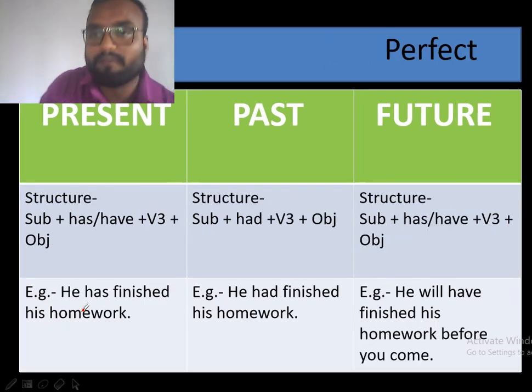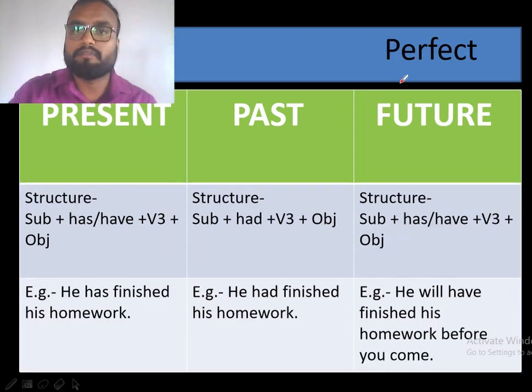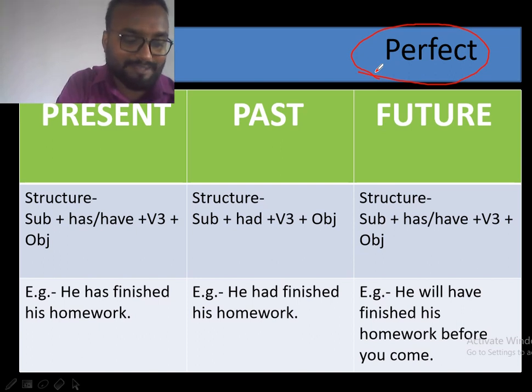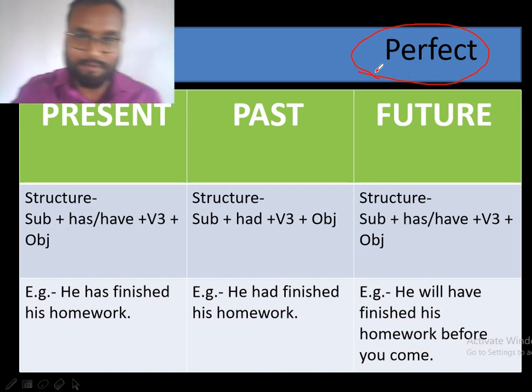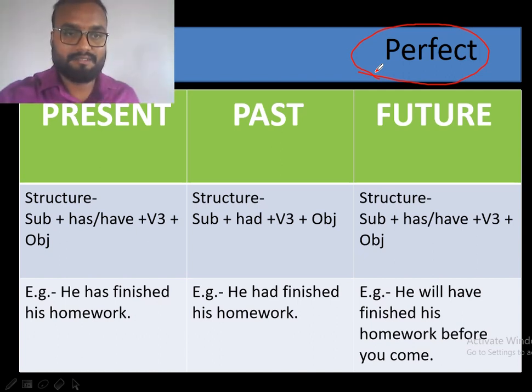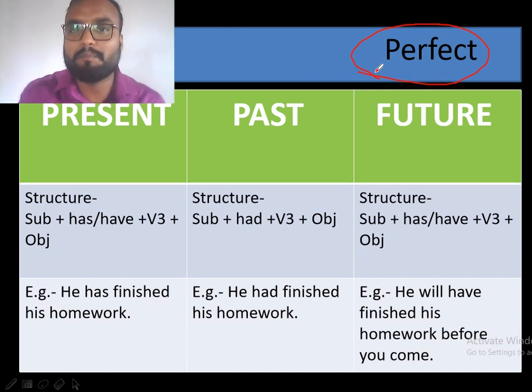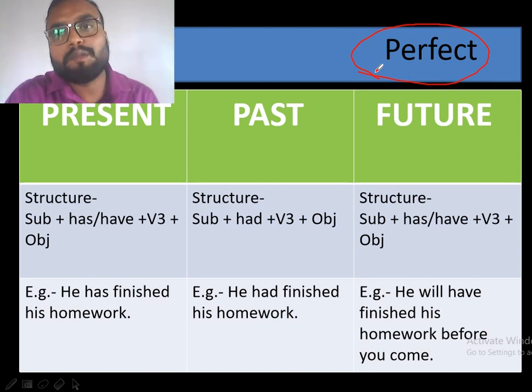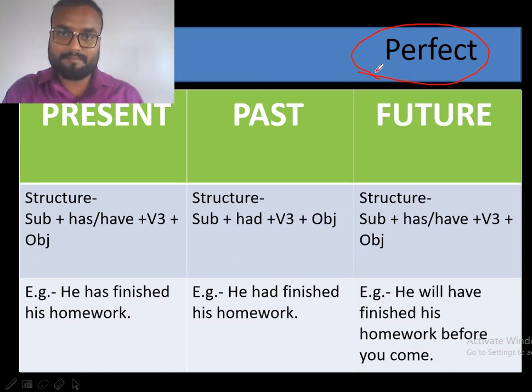Next type, that is perfect. Now what is perfect? As it is said, no one is perfect. But here we are talking about action and time, so don't take it that way. Here perfect denotes the completeness, the perfectness, the completed state of action.